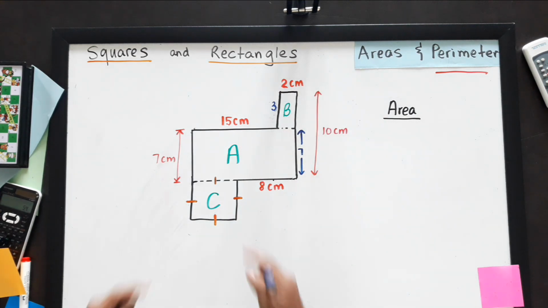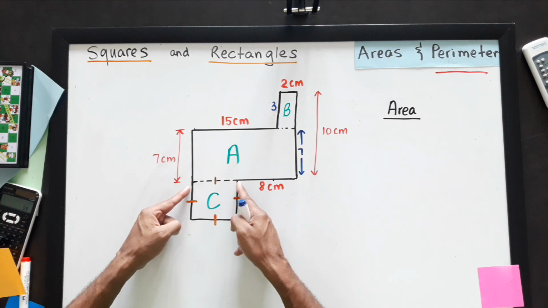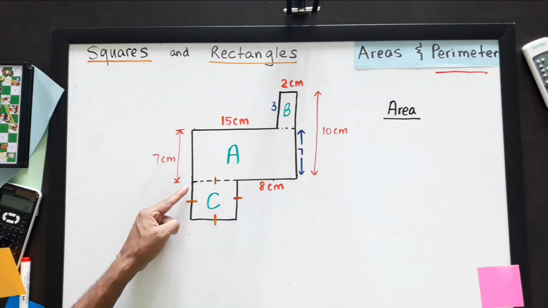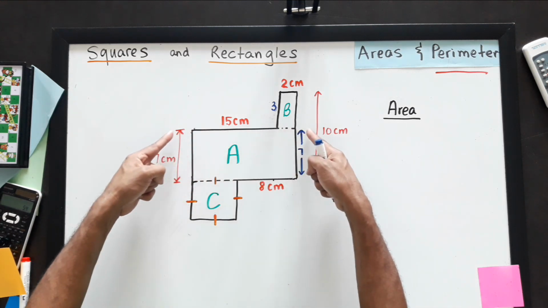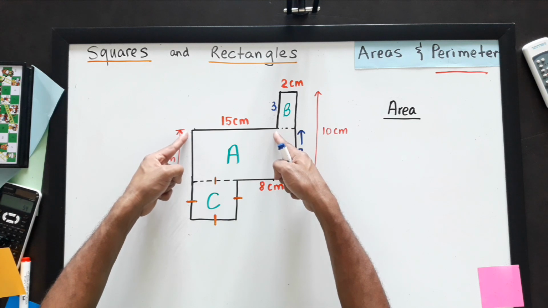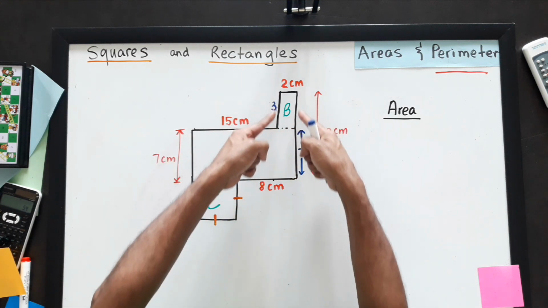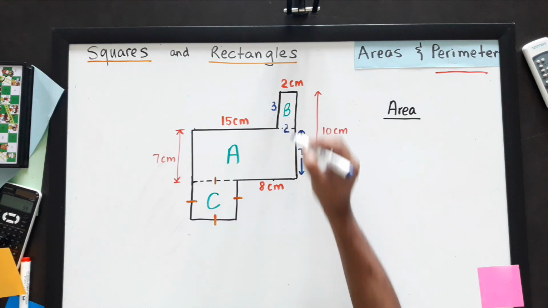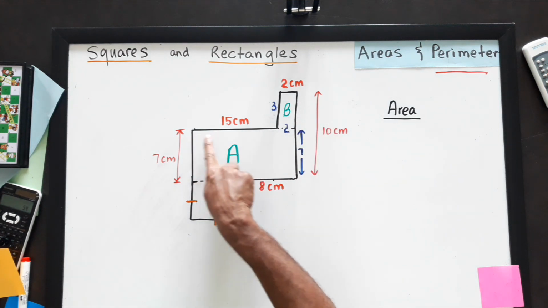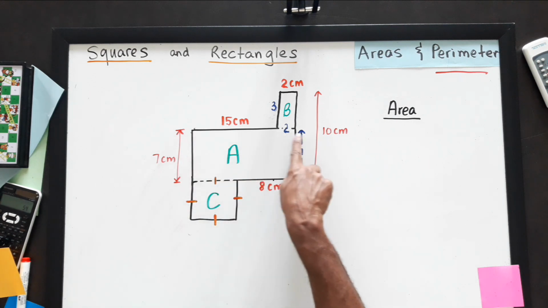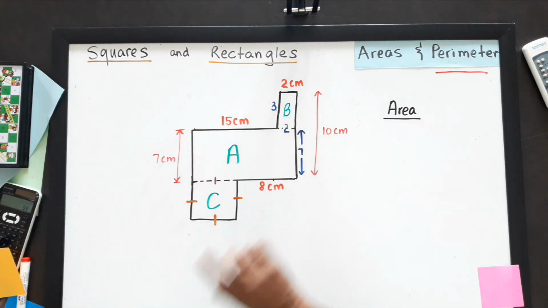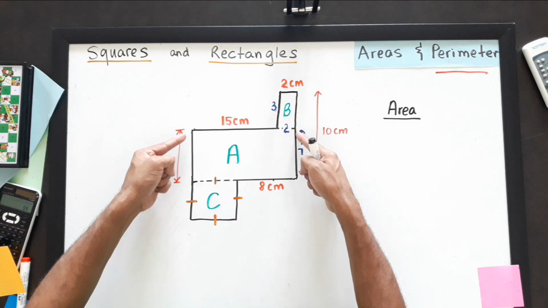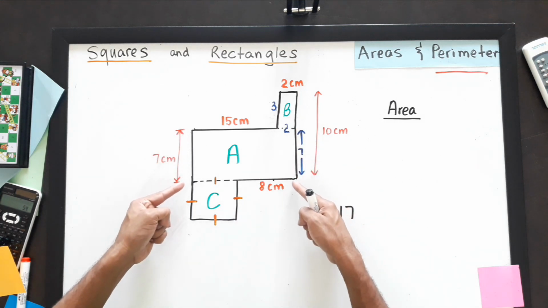All right. For the square, we don't know the length of the side of the square. But let's try to reason this out. Let's try to get the length of this entire line. From here to here is 15, and from here to here is 2. Remember, over here is 2. I'll write in 2 here. So what's the full length of this line? Well, the full length of this line should be 17. 15 plus the 2 gives me a full length of 17. So if here is 17, then the opposite side also has a length of 17.